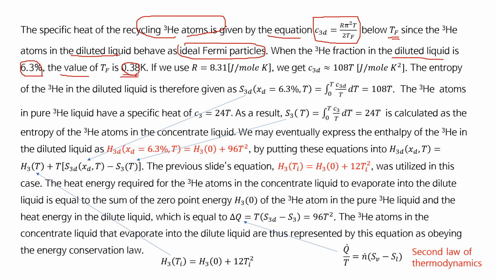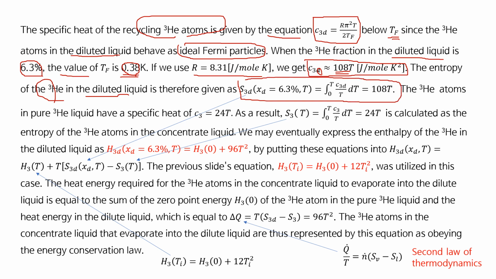If we use the gas constant, we get the specific heat of the helium-3 in the dilute liquid as 108 T joule per mole K squared. The entropy of the helium-3 in the diluted liquid is therefore given by this equation. We put this specific heat here, then we have this value.